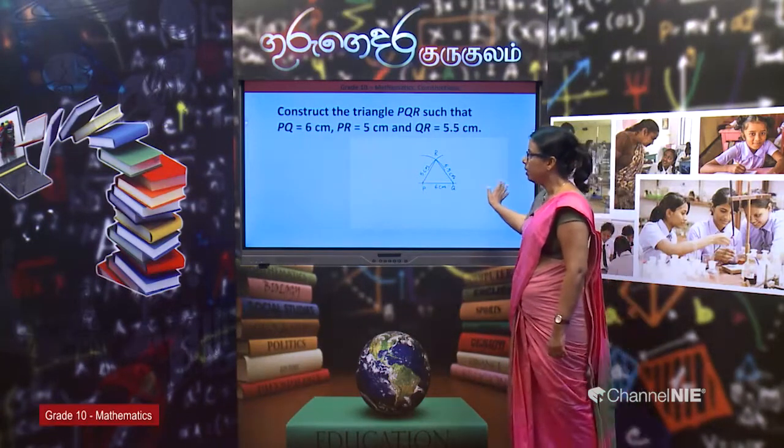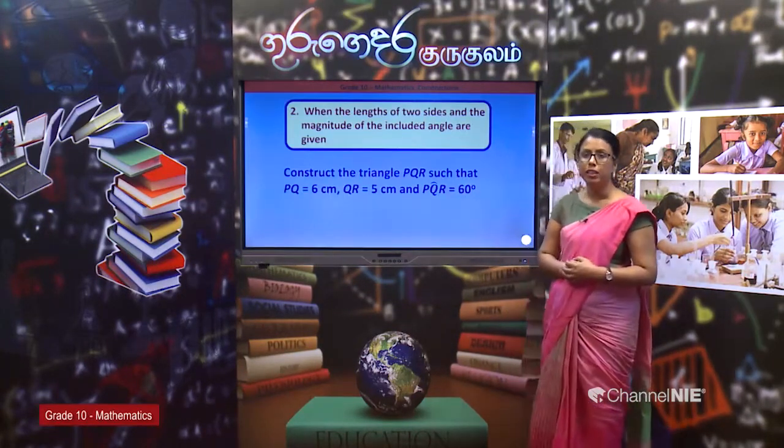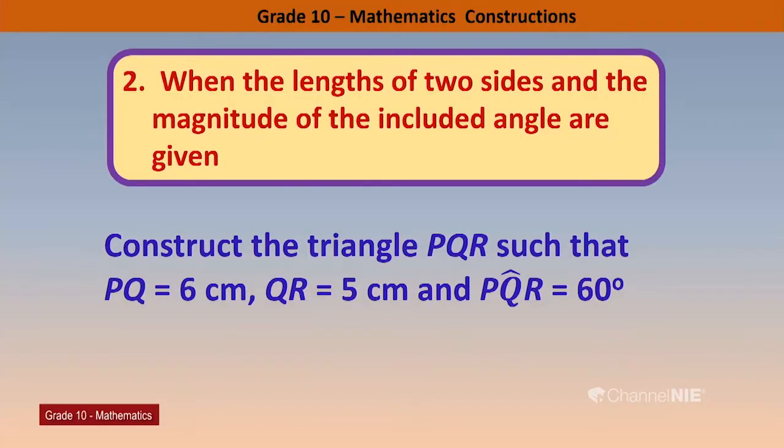Let us try the next case, when the length of two sides and magnitude of an angle given, but that magnitude of that angle is the included angle of that two sides. Read this carefully. Construct the triangle PQR such that PQ equals 6 centimeter, QR equals 5 centimeter, angle PQR equals 60 degree.